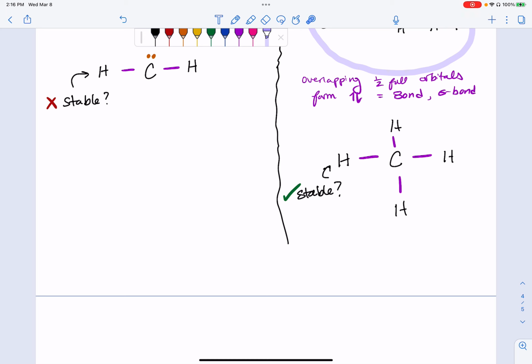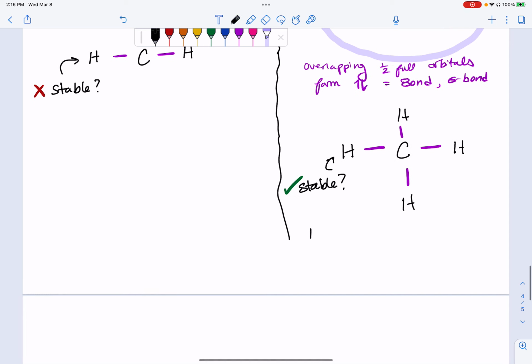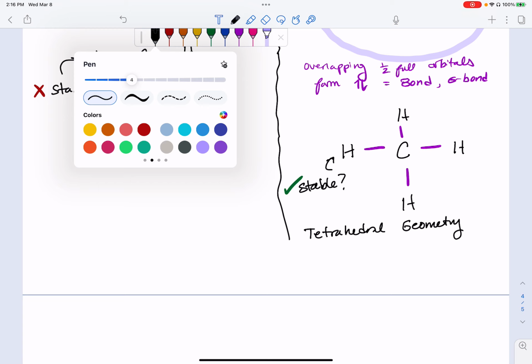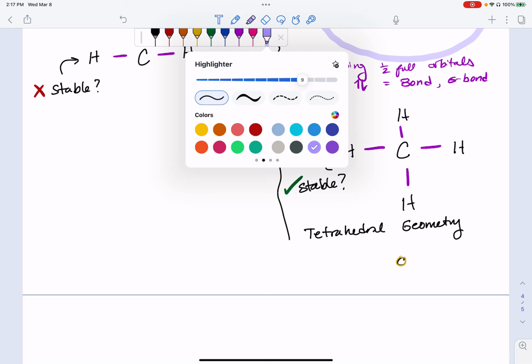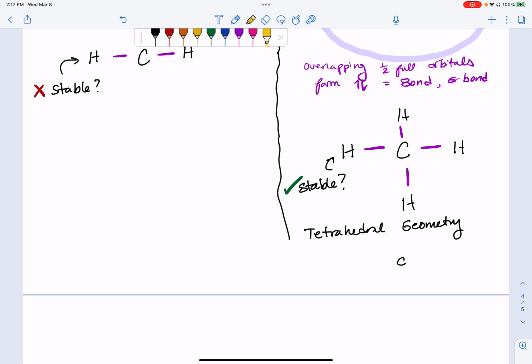And the nice part about this is, as mentioned earlier, where Lewis is not able to give us a portrait of this shape, like this here is inherently something that's drawn flat, valence bond theory tells us that this should have a tetrahedral molecular geometry, or at least orbital geometry. So we should see carbon with its minor lobe, like so.